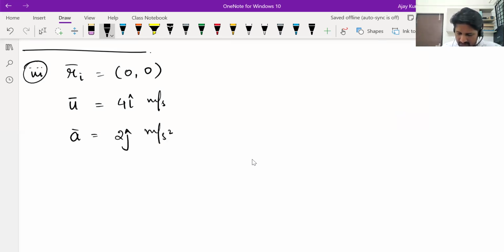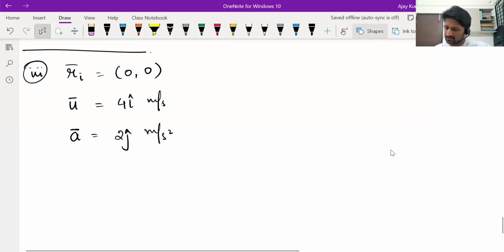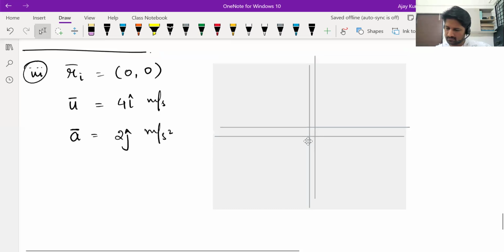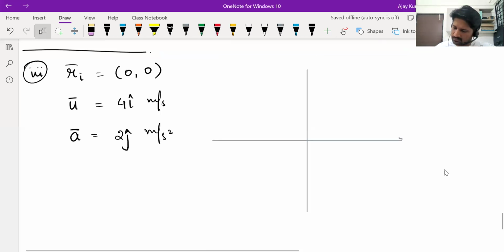Let us visualize this first. Can one of you quickly tell me 4 i cap is in which direction? Positive x direction.